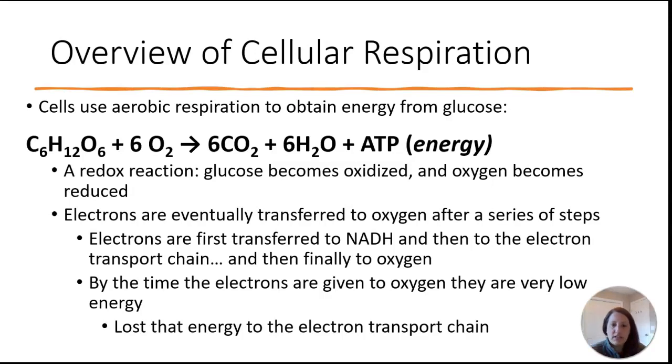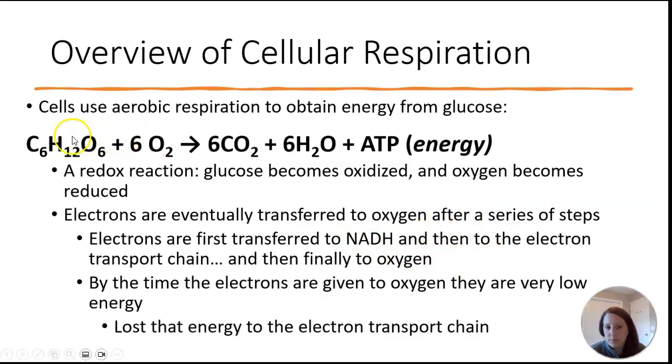Okay, so right now you just have to realize electrons are going to be pulled off of glucose. As they're being pulled off, they go to NAD to form NADH. And NADH is going to eventually bring those electrons to the electron transport chain, where they finally, after they lose all of their energy, are given to oxygen to form water.